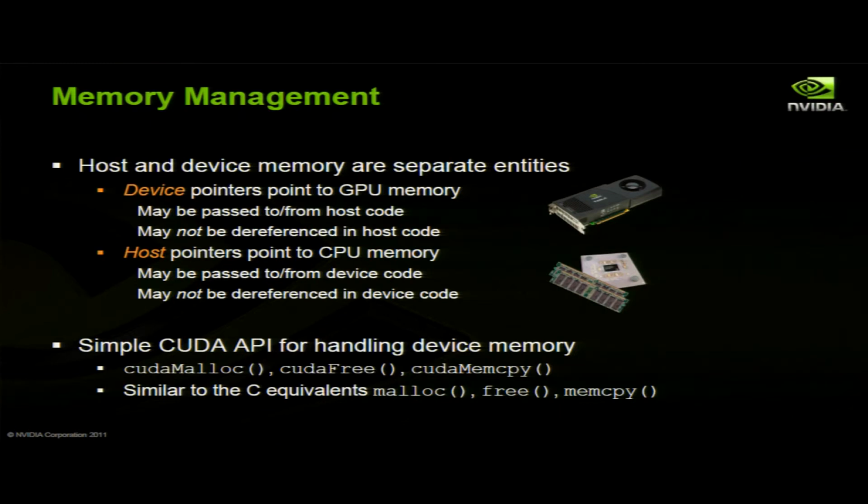Like you have malloc on the CPU, you have cudaMalloc on the GPU. Like you have free on the CPU, you have cudaFree on the GPU. Like you have memcpy on the CPU between CPU pointers, you have cudaMemcpy to transfer data between CPU and GPU and GPU to CPU. So these are three additional APIs that you need to use to allocate memory.